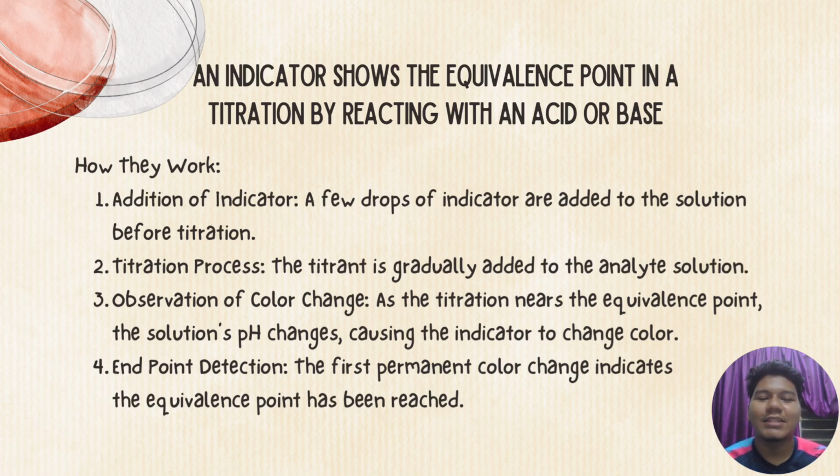After the titration nears the equivalence point, the solution's pH changes, causing the indicator to change color. And four, endpoint detection. The first permanent color change indicates the equivalence point has been reached. So, after we follow how they work, we can get a good titration result when we do an experiment.